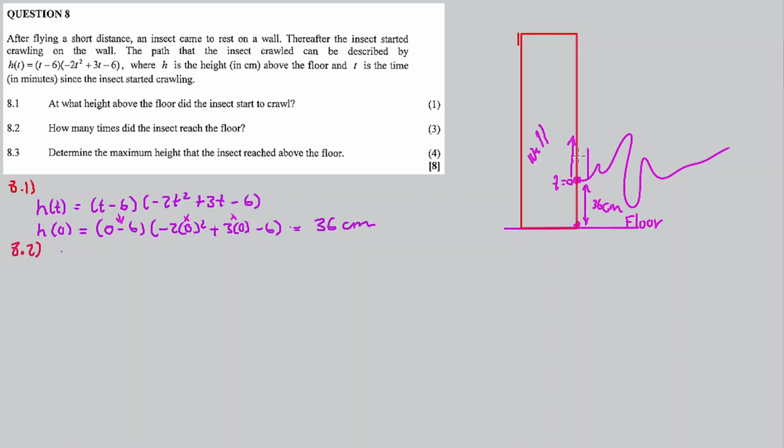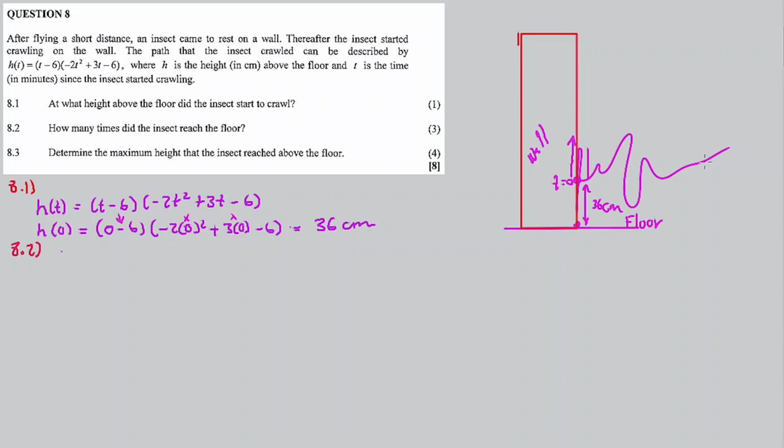It might fall off the wall, then return to the wall and start crawling up again. Maybe it goes to eat here, or sees a friend, they chat, then it goes back up and starts crawling up again. So we want to know how many times it came back down. How many times did the insect reach the floor?